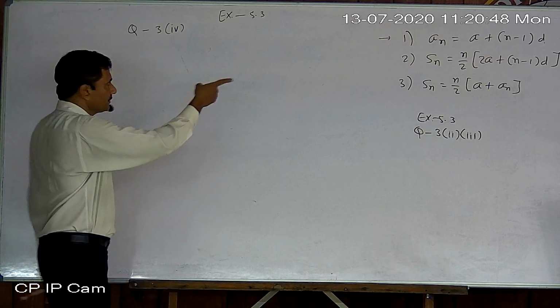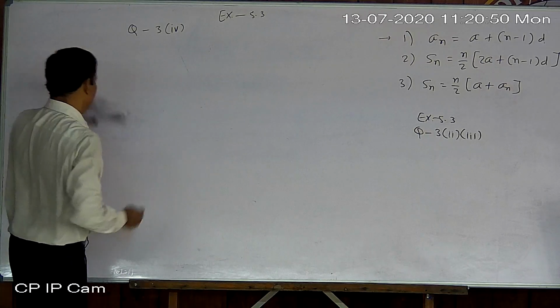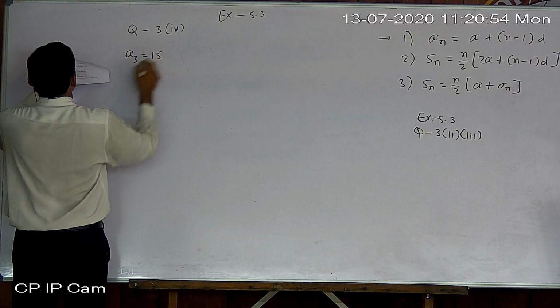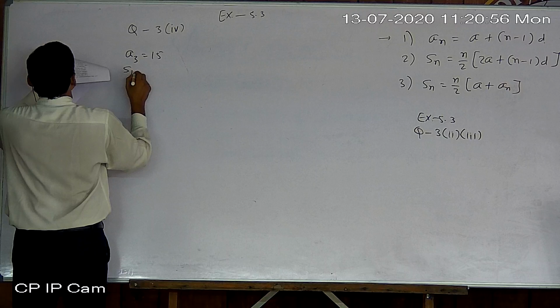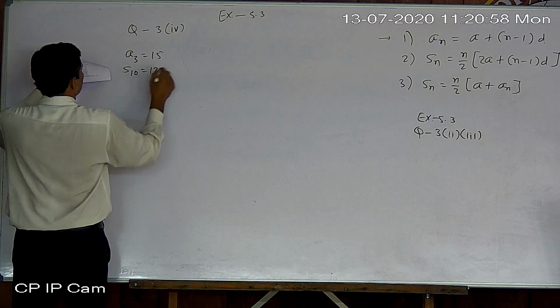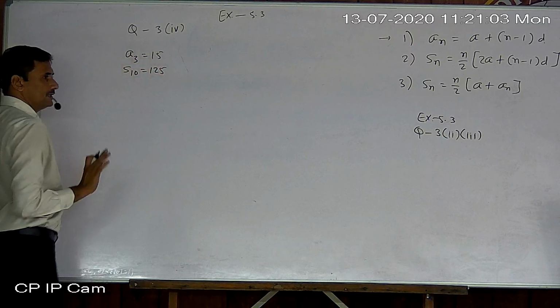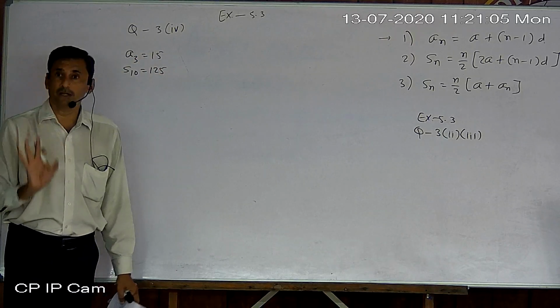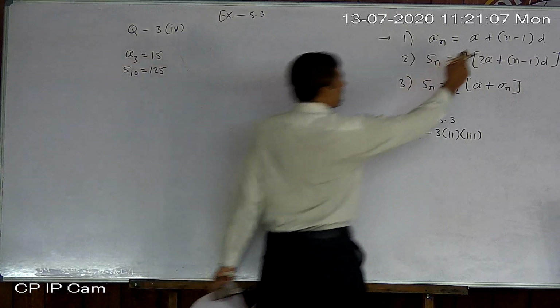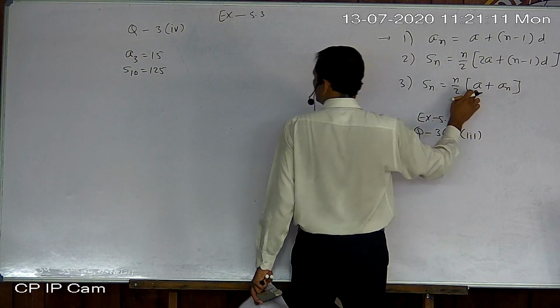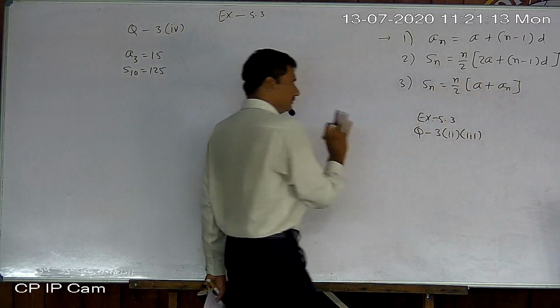Why? If you try to apply a particular formula here, suppose a3 equal to 15 and S10 equal to 125, here n is given and S_n given, here n is given and a_n given, but a and d are not given. So here a and d are missing.